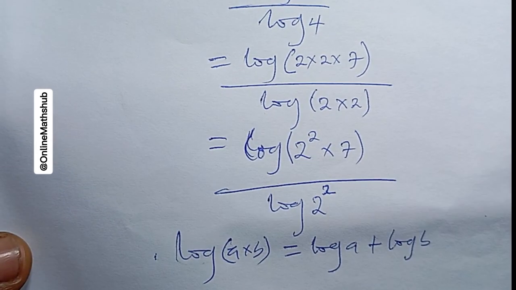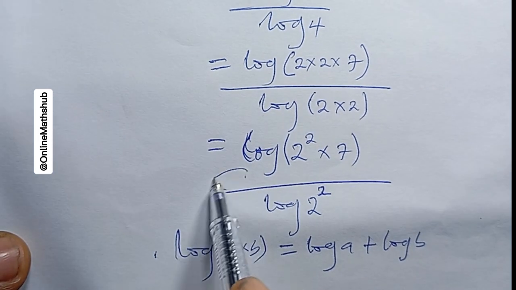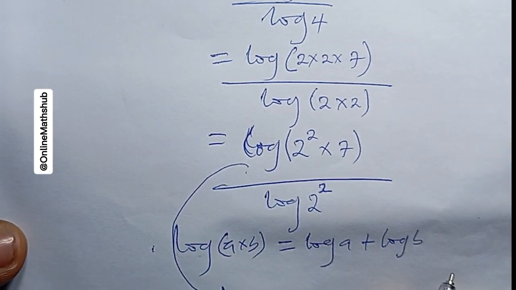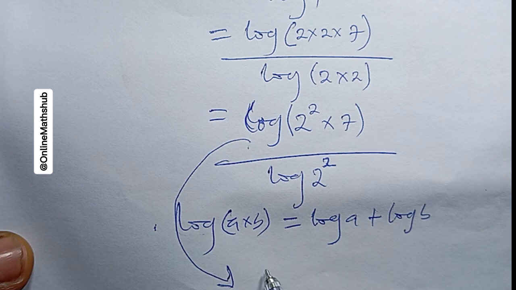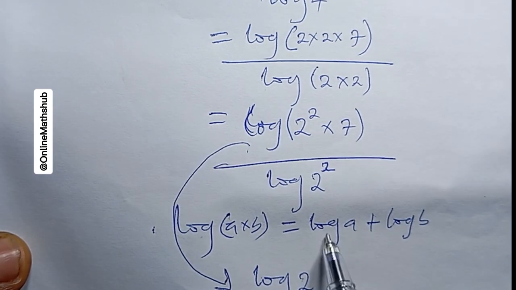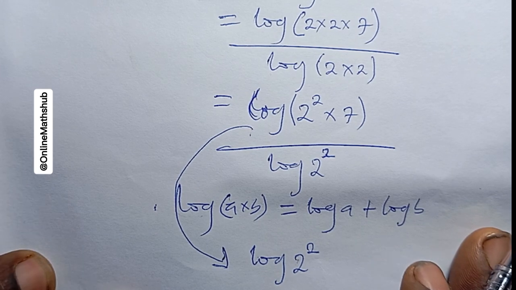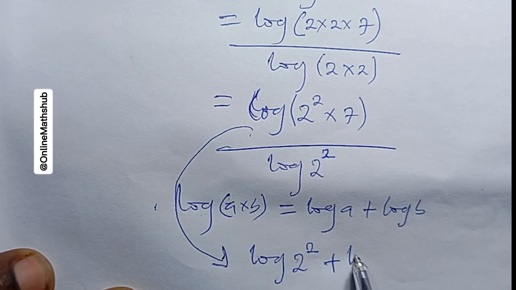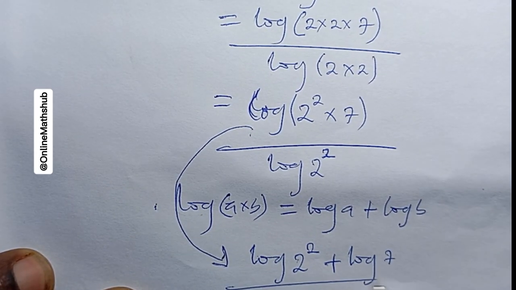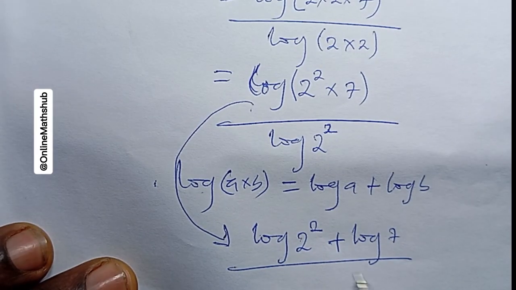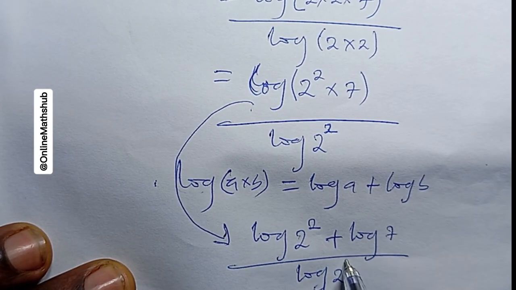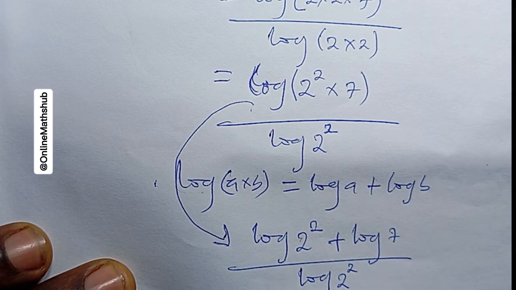So when we apply this right here, this will now become log 2 power 2 plus log 7, and then the denominator will still remain log 2 power 2.